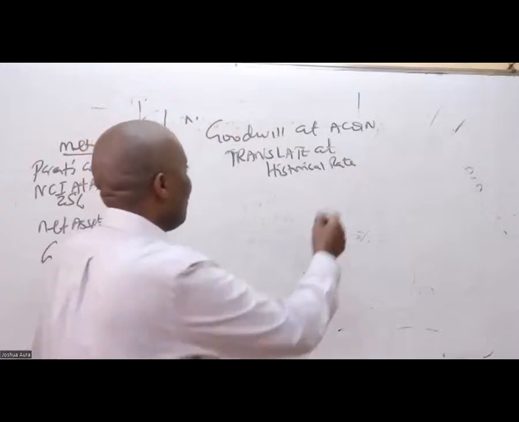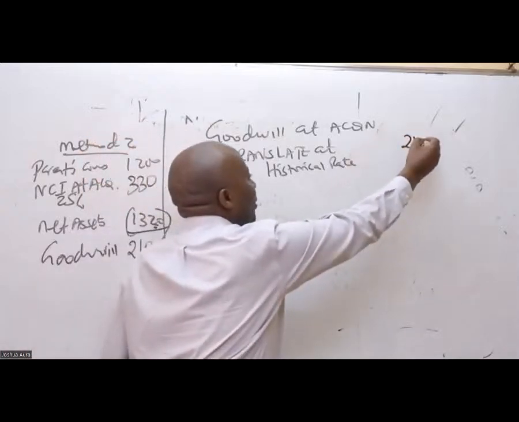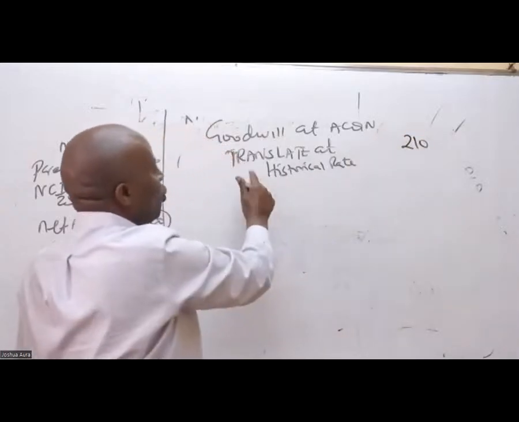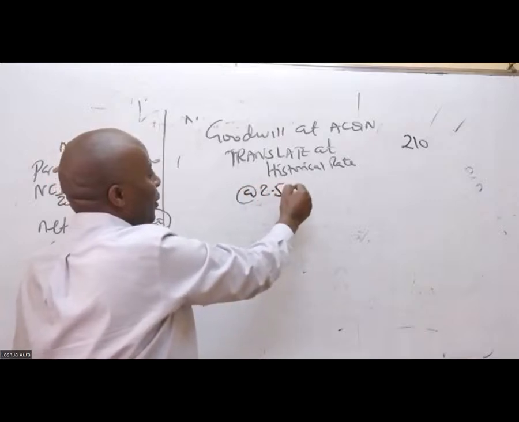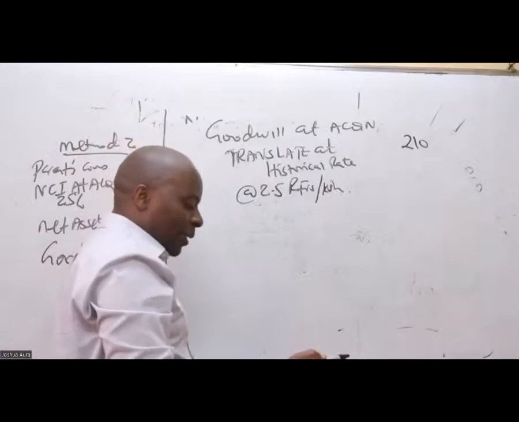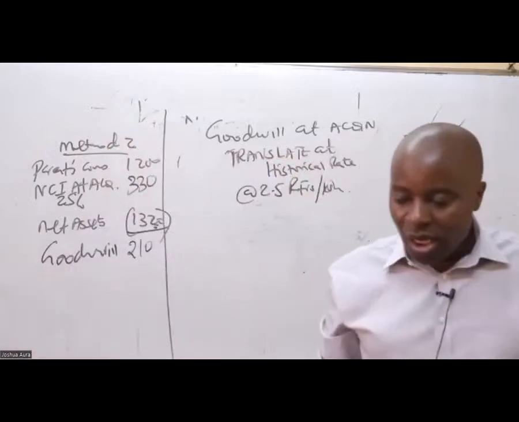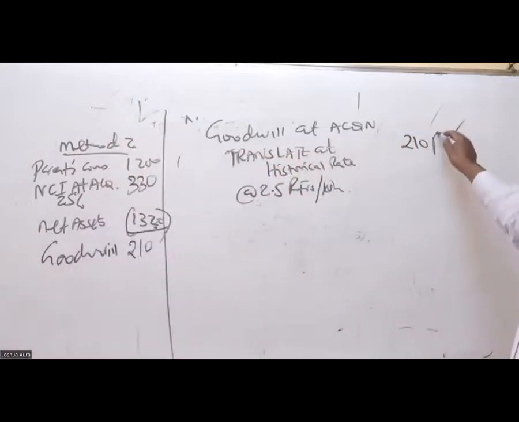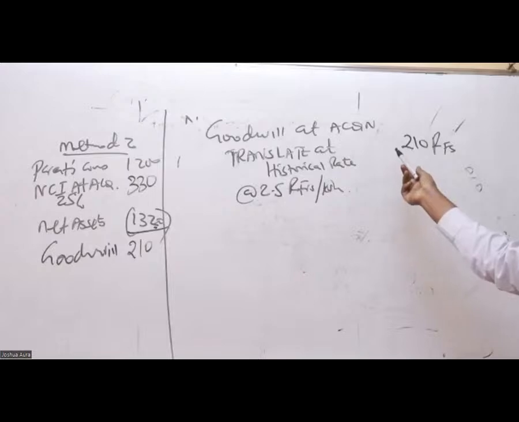So remember, you gave me a figure of 210. So translate this at 2.5 Rwandese francs per Kenya shilling. Remember, these are also Rwandese francs. So tell me now, to convert these Rwandese francs, do I divide or do I multiply? Yes, I divide.